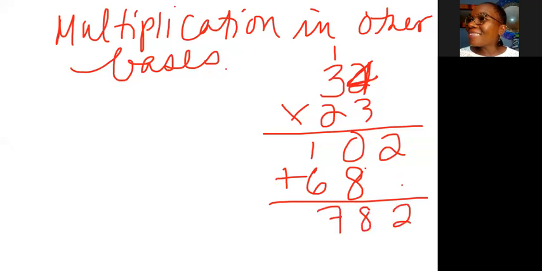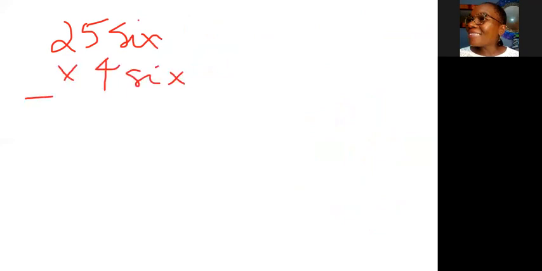Guys, the process with multiplication in other bases is the exact same thing, all right? So let's go ahead and look. I am going to get started with an easy problem, okay? 25 base 6, and I am going to multiply by 4 base 6, okay? Remember, all the digits in the product must be less than the base.